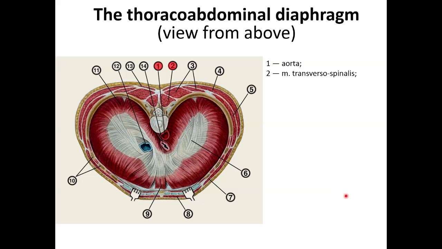And number 3, here it is. It's another muscle, musculus erector spinae. The name demonstrates the function: this muscle helps us to be in an erect position, to be standing vertically.